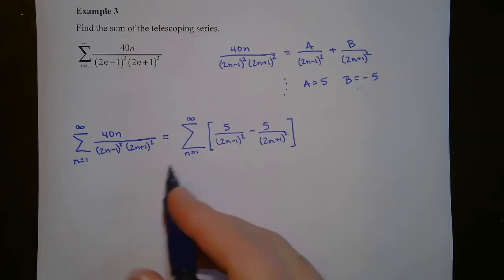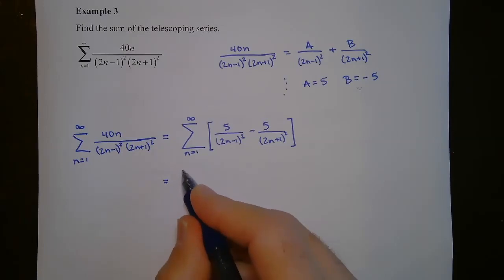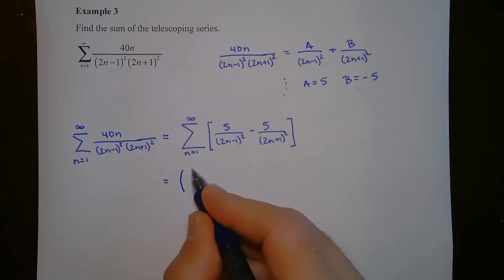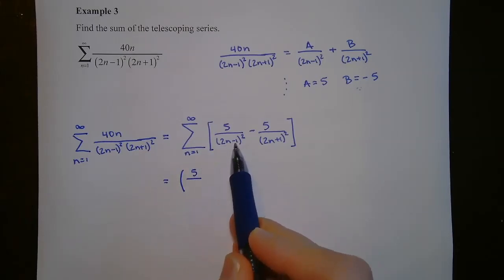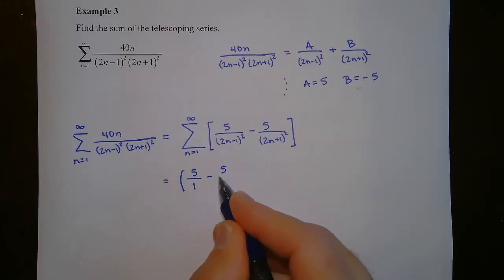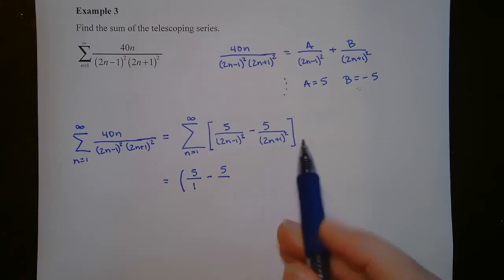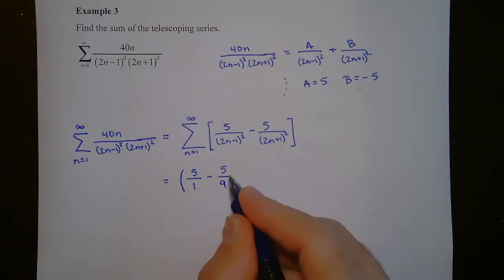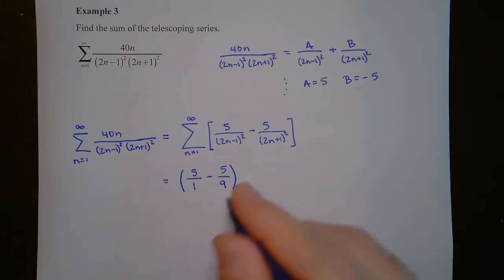If we put 1 in, we're going to get 5 over (2 minus 1) squared, which is 5 over 1, minus 5 over (2 plus 1) squared, which is 3 squared, or 9. So this is minus 5/9, and that would be the first term in this telescoping series.